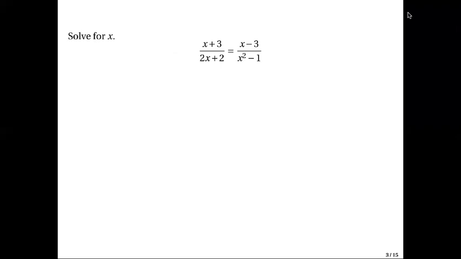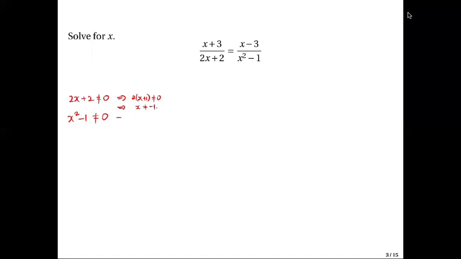For this, let's remind ourselves that we cannot have 2x plus 2 to be 0. We cannot also have x squared minus 1 to be 0. So we don't want these two. For the first one, this means you have 2 times x plus 1 not equal to 0, which means we cannot have x equals negative 1.